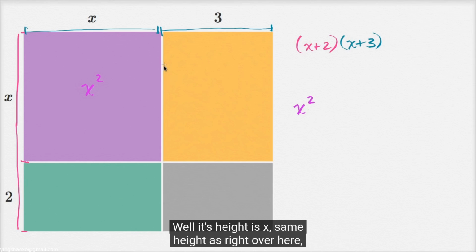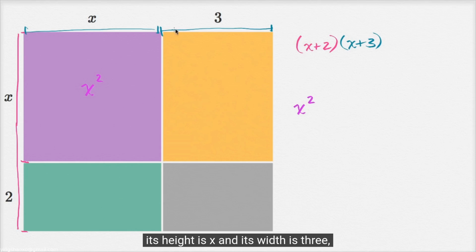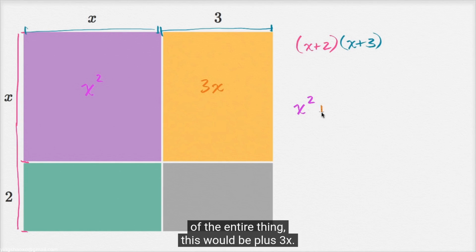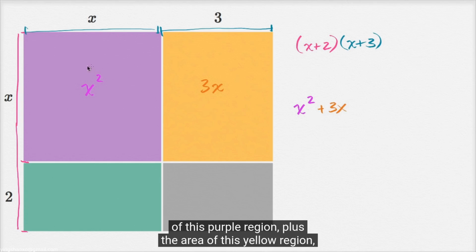Its height is x, same height as right over here, and its width is 3. So it's going to be x times 3, or 3x. So if we're summing up the area of the entire thing, this would be plus 3x. So this expression is the area of this purple region plus the area of this yellow region.